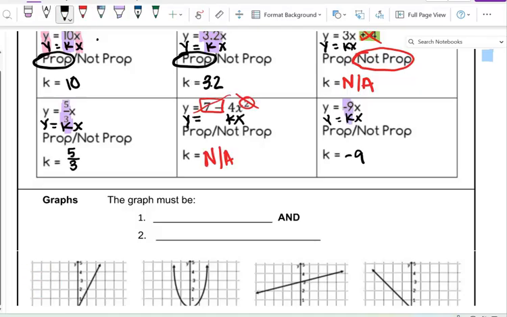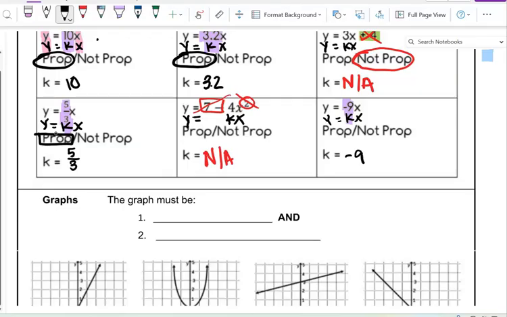Okay, so for the first one, we have y equals 5/3 x. It's still in the same form, y equals kx, so k is allowed to be a fraction. So therefore, it is proportional, and k is 5/3.